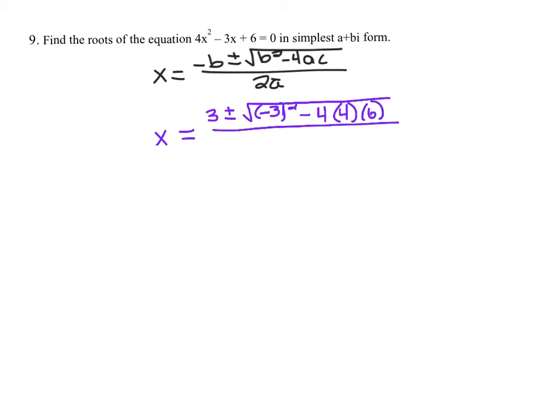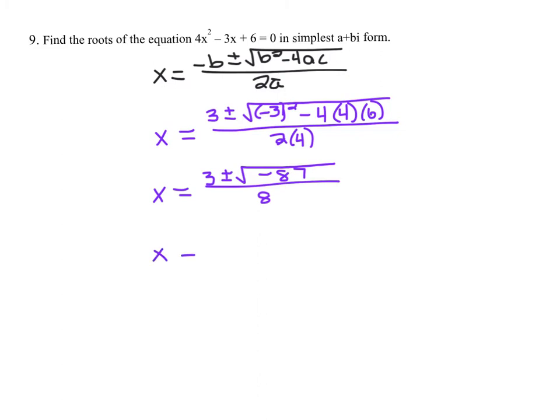And that's all going to be over 2 times 4, right? 2 times a. All right, so that gives us x equals 3 plus and minus. Now let's figure out what this is equal to under the radical. So 9 minus 4 times 6 is negative 87. And that's going to be over 8.